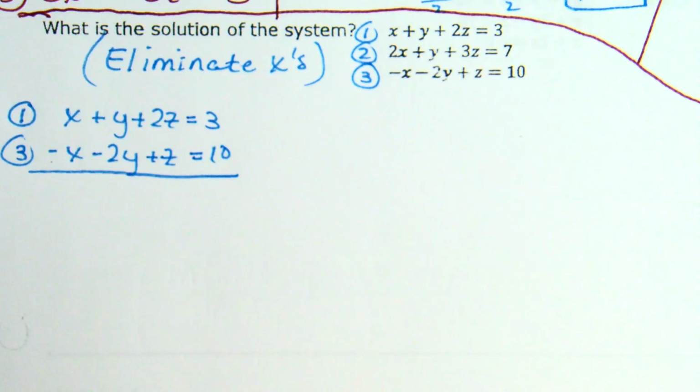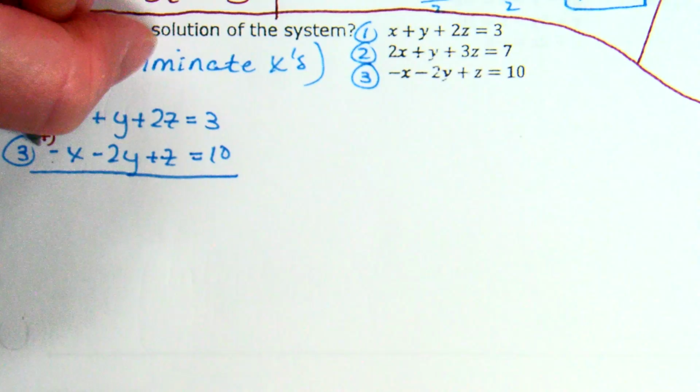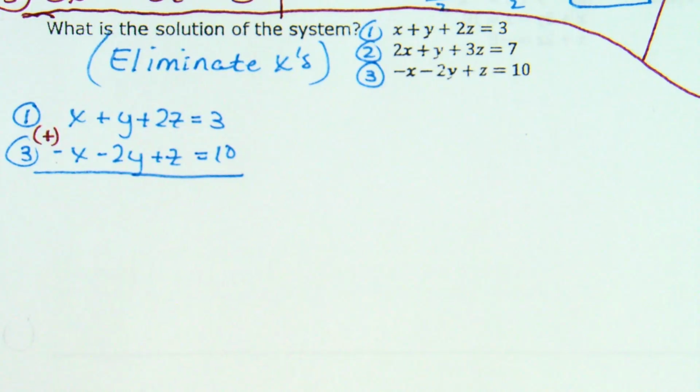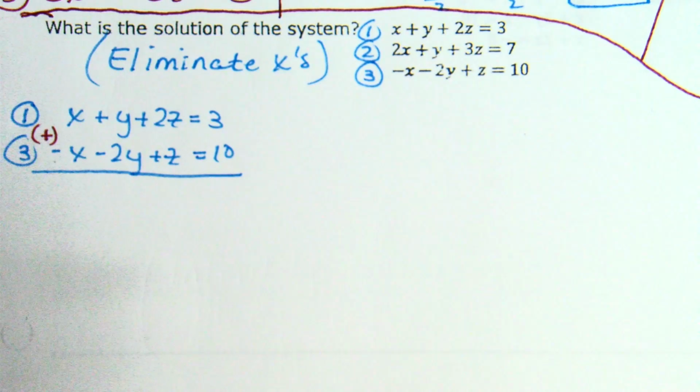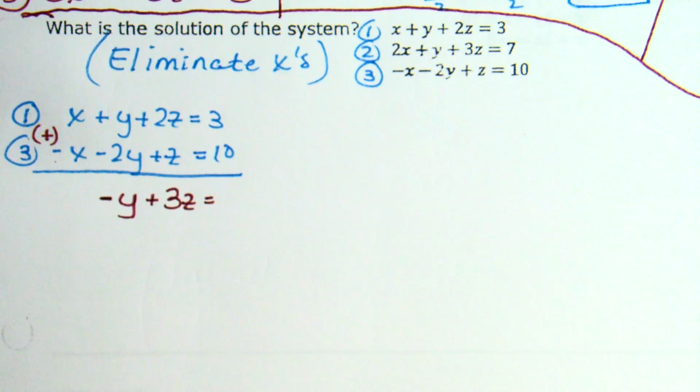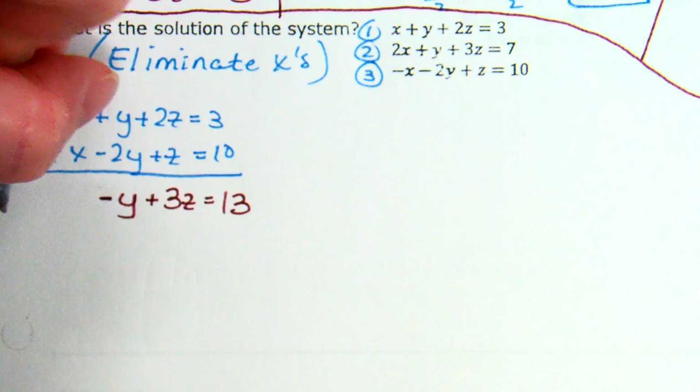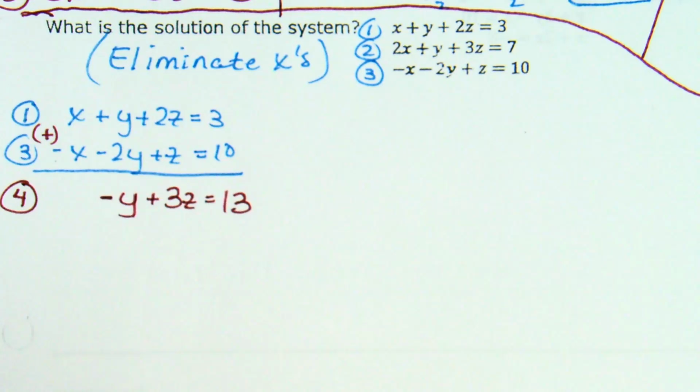My x's are positive x and negative x, so I'm going to add. x plus negative x, cancel, 0x. y plus negative 2y, so 1 minus 2 is negative 1y. 2z plus z, 3z. And 3 plus 10? 13. And so now, that is equation 4.